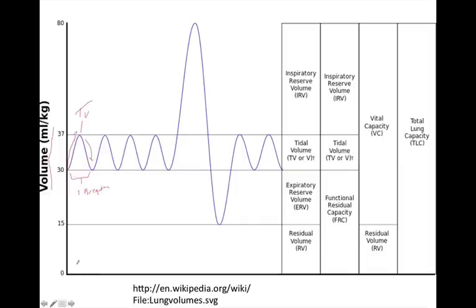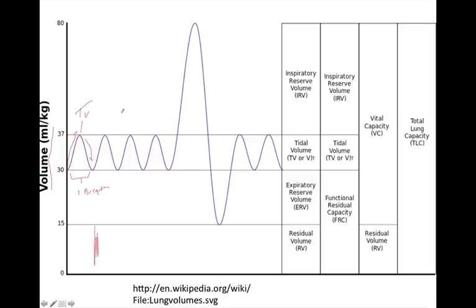Remember residual volume: there's always a certain volume of air left in the lungs at all times to prevent complete deflation. That's why tidal volume is so high up here numerically on the graph. And remember, when we're breathing quietly at rest, we're only breathing in half a liter of air on average per breath. That's why these are so small.